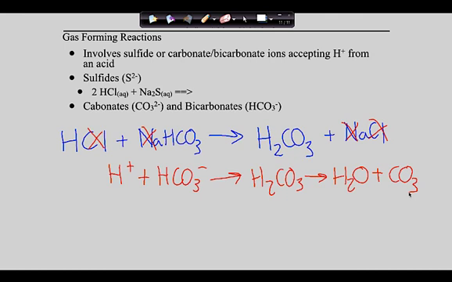Ooh, I was thinking carbonate, sorry. To water and carbon dioxide. Now, guys, where does the carbon dioxide go? Off into the air. And as a result, as the carbon dioxide goes away, this can never go backwards. And so this is actually gone, and that is the net ionic equation.